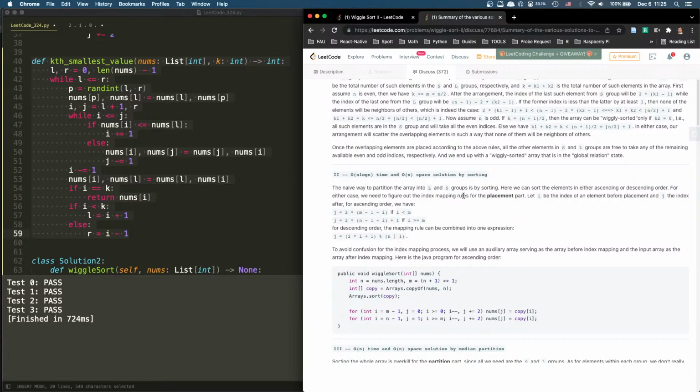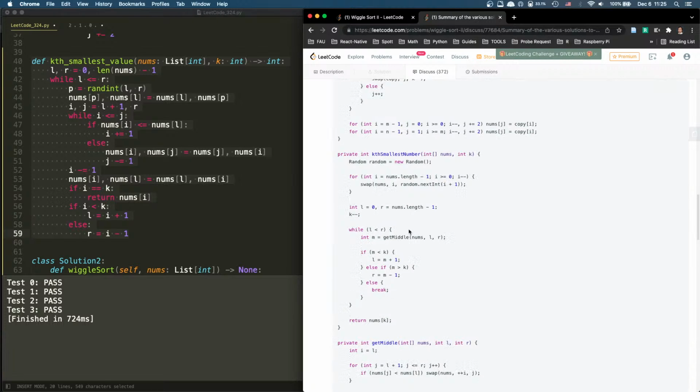They do a random thing here and then get middle, while this, let's see, well, I get middle here, and then smaller... hold on, what? This is different.